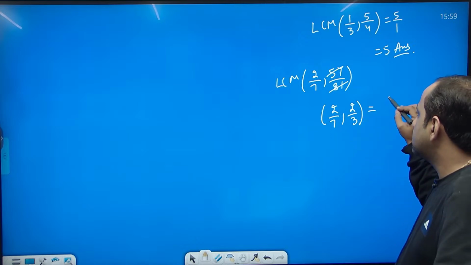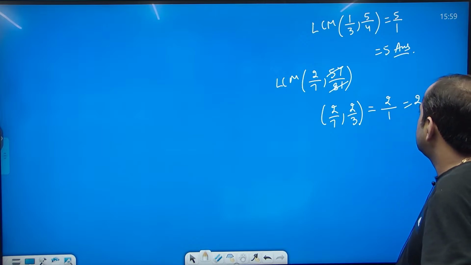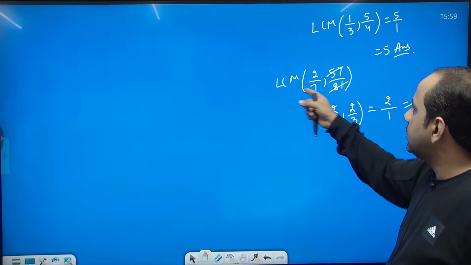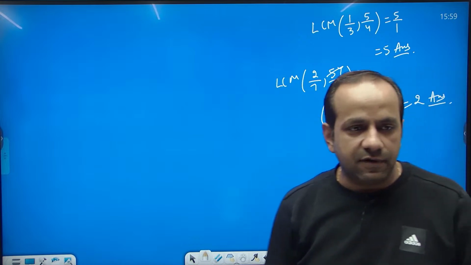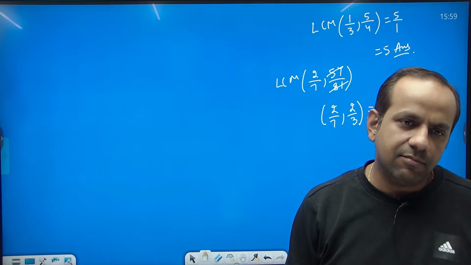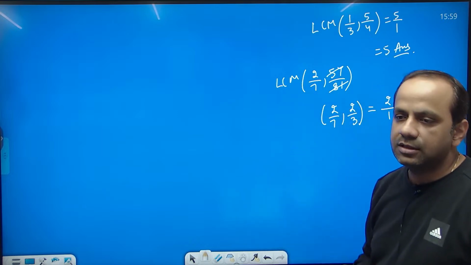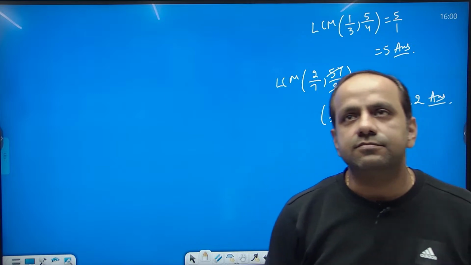If I need to take LCM numerator 2, so answer should be. But if you go by that fractions only, तो answer different आ जाएगा कुछ. ठीक है? So when you calculate either LCM or HCF of fractions, make sure that those fractions should be in the lowest form.